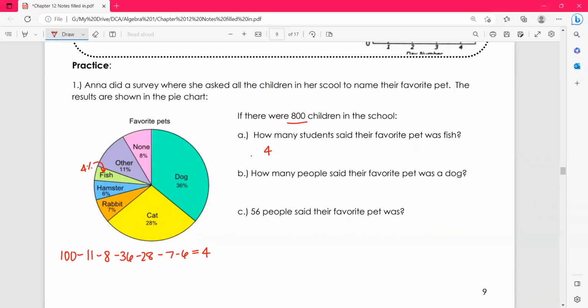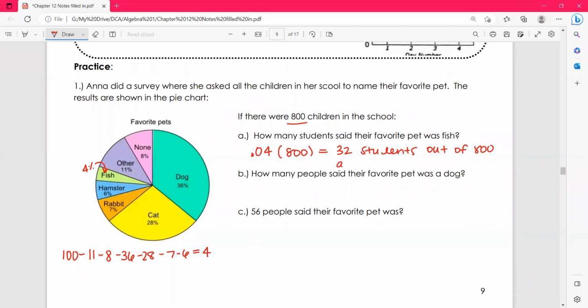We need to take this to a decimal. So it's 0.04 times the total students. This is just like the one we did above. And then we get 32 students out of 800 said fish was their favorite pet. Okay, so a little multiplication there.